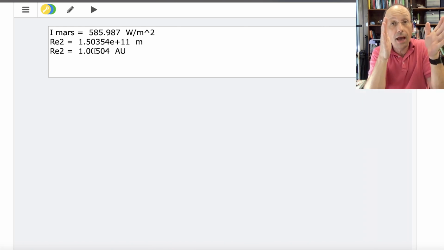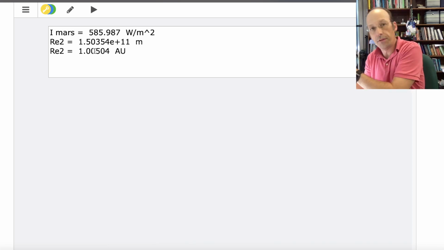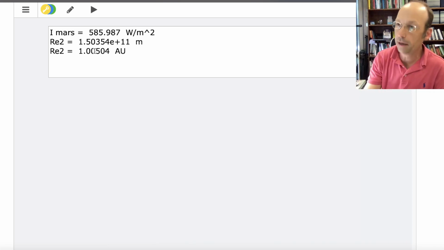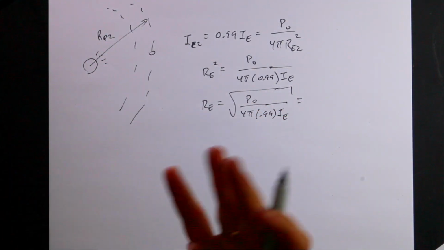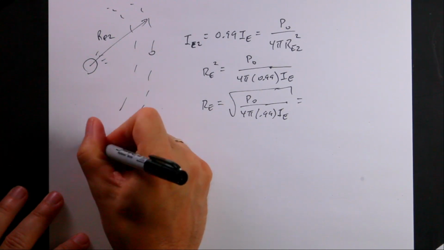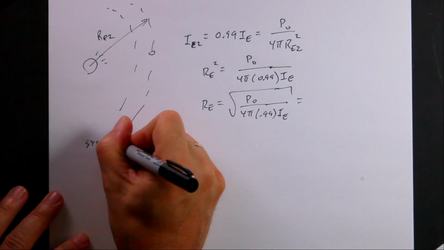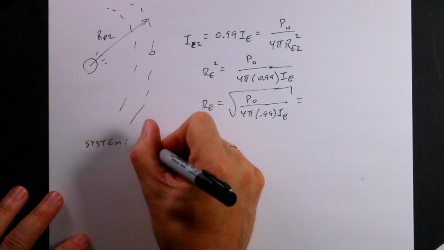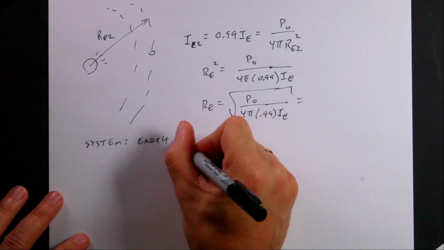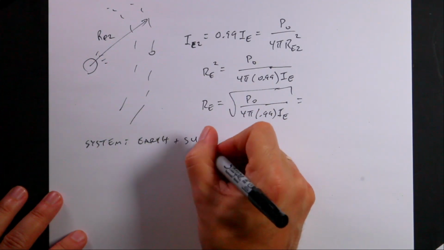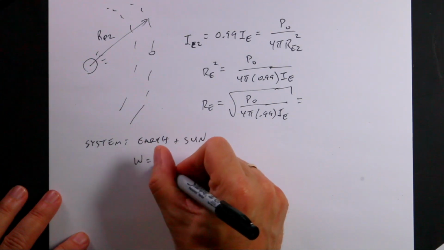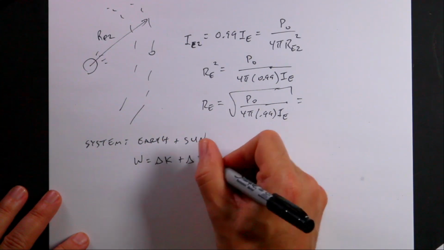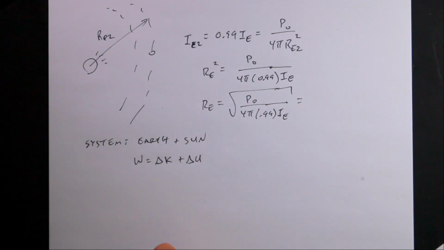Okay, now I want to see how much energy it would take to move the Earth that much further away. So let's go back to the paper. Okay, so if I have my system of the Earth plus the Sun, then I can say work equals the change in kinetic energy plus the change in gravitational potential energy.